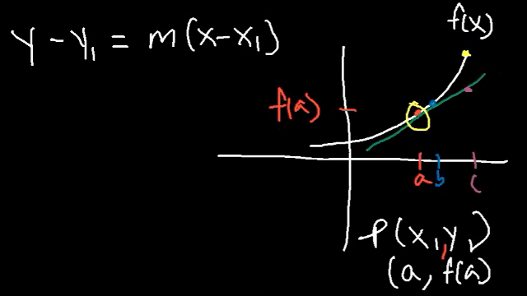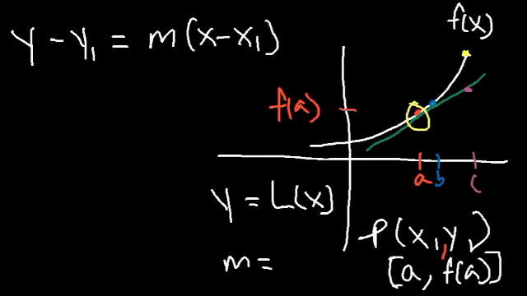So that's f of a. y is equal to f of x, or in this case, L of x, which we'll call the linearization function. And the slope you can find from the derivative. So it's really f prime of a. It's the slope of the tangent line at point a.